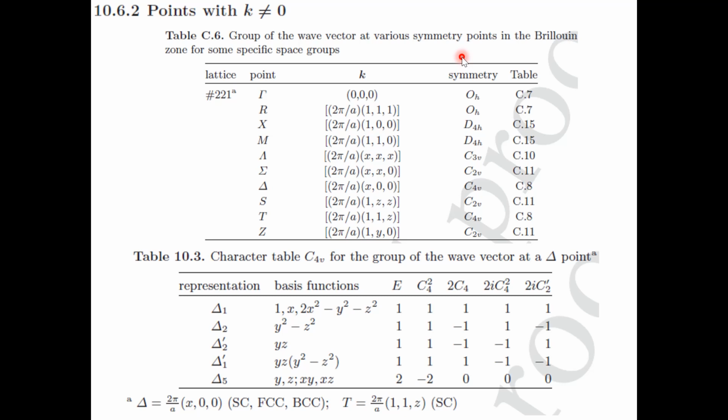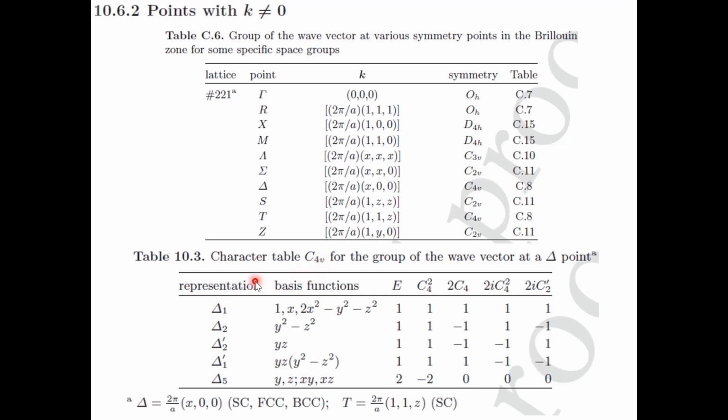For space group 221, you have all the different special points and directions in the Brillouin zone and their respective symmetries, or group of the wave vector, if you want. And you see the different character tables for all these different cases. Some of them are in our textbook. Appendix C has a lot of character tables for groups of the wave vectors.